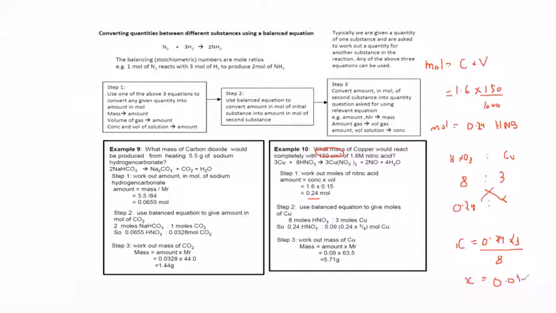And after getting the moles, the main question is to find the mass. So moles multiplied by molar mass: 0.09 multiplied by the atomic mass of copper, 63.5, we'll get 5.71 grams. Is it clear? Any doubt in this?